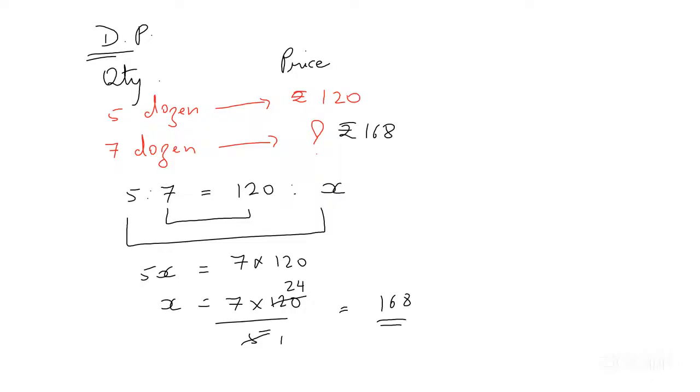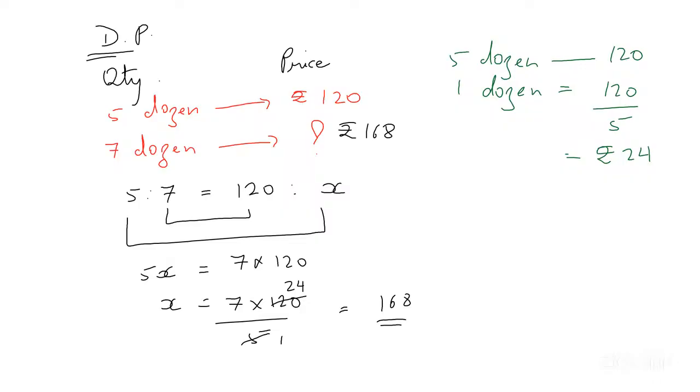I'll show you. 5 dozen price is 120. 1 dozen price will be 120 by 5, that is 24 rupees. Now 7 dozen price will be 24 into 7, that is 168 rupees.